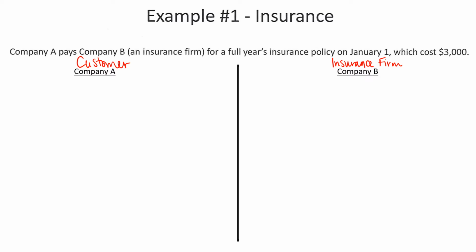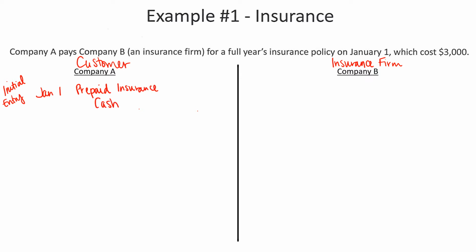So when the customer makes this $3,000 payment on January 1st, their initial journal entry on January 1st will be to record a debit to prepaid insurance and a credit to cash because they're paying cash.